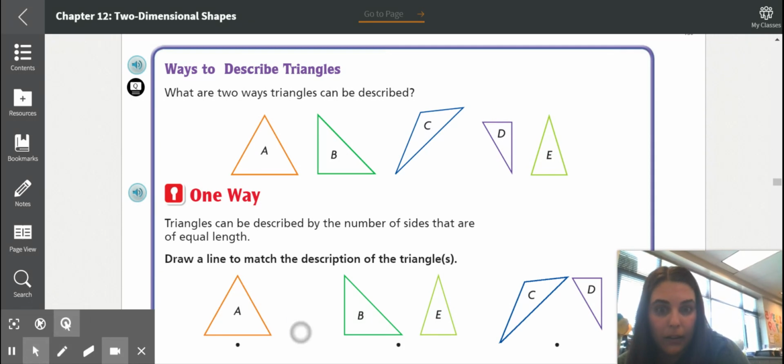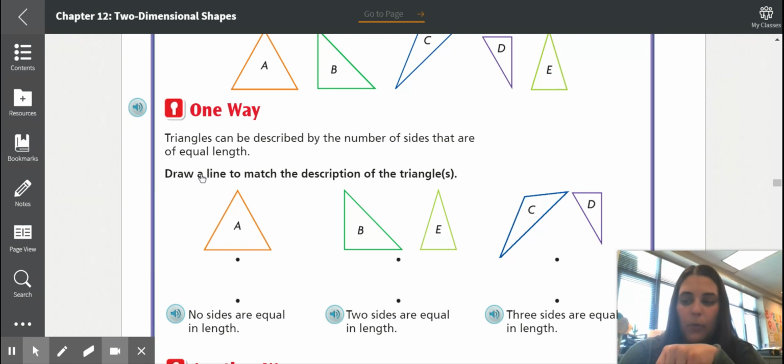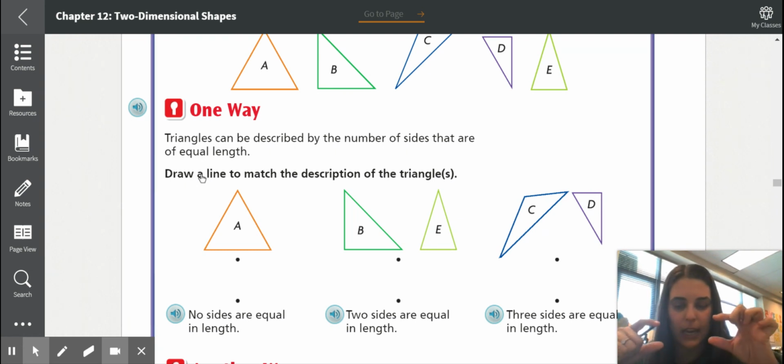So the first way, I'm looking right here on way 1. Triangles can be described by the number of sides that are of equal length. And when we say equal length, we mean two things that are going to be the same size.